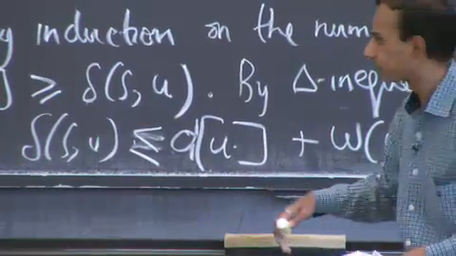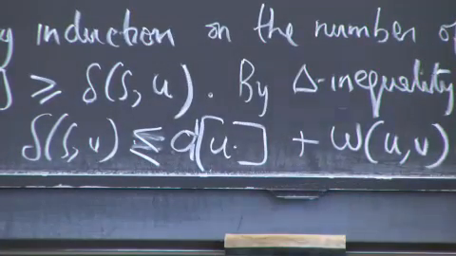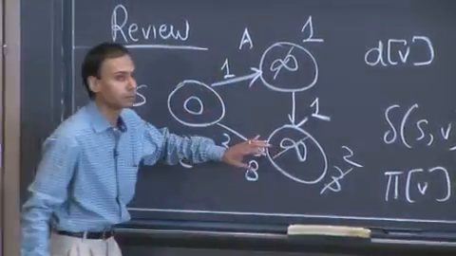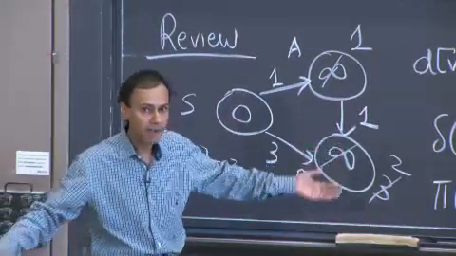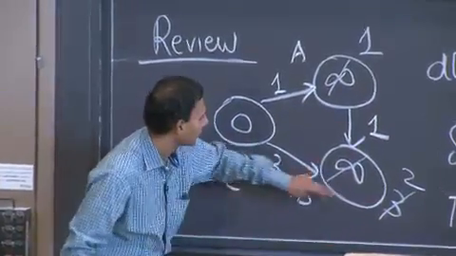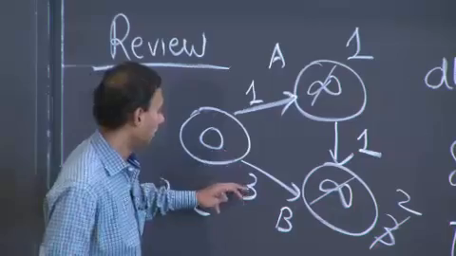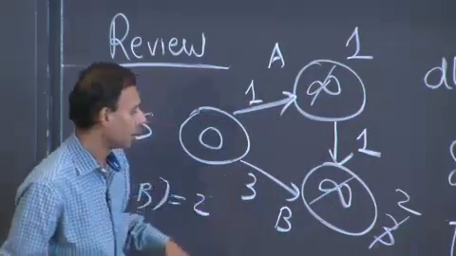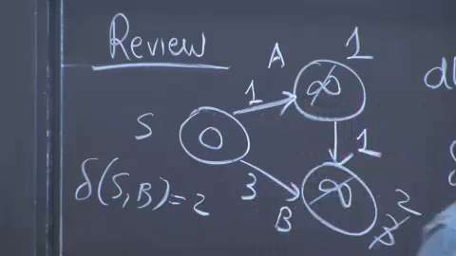You know that w uv, which is a direct, single edge way of getting to a node, has to be greater than or equal to the shortest path. Like here, this 3 value is a direct way of getting from S to B. And in this case, it's greater than the shortest path, which is of length 2. But it can never be smaller than the shortest path.